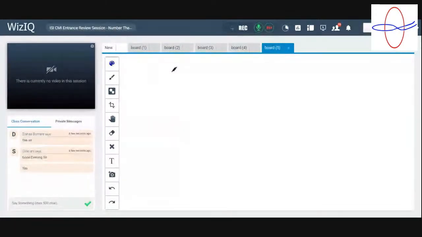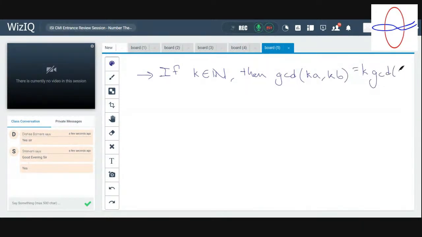Few more properties of the GCD. So if you have some natural number k, then the GCD of ka and kb is k times the GCD of a and b. Okay. Now, if you also know what the LCM means, then you also have this result.